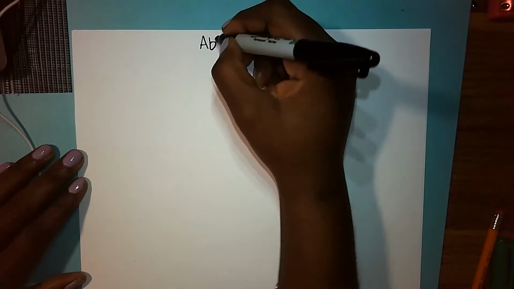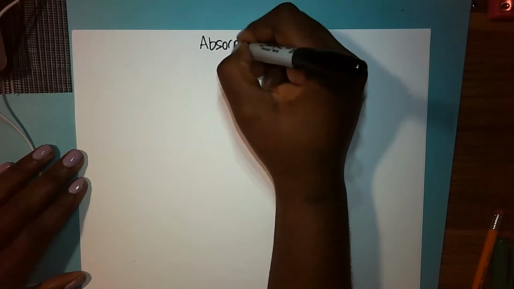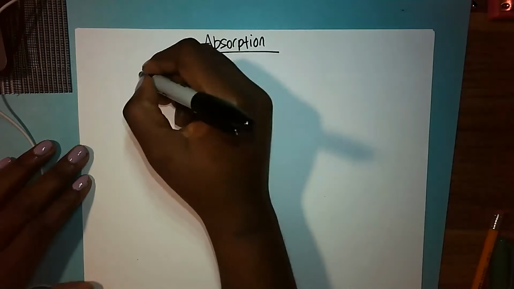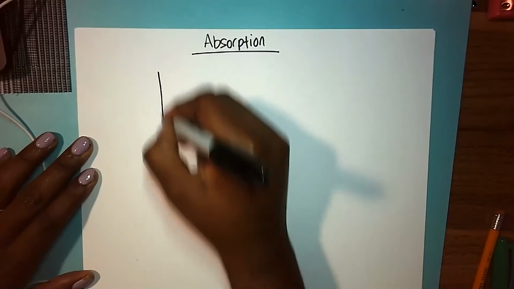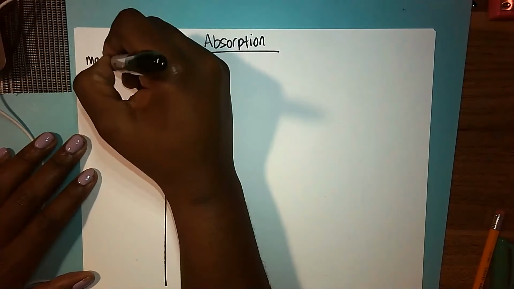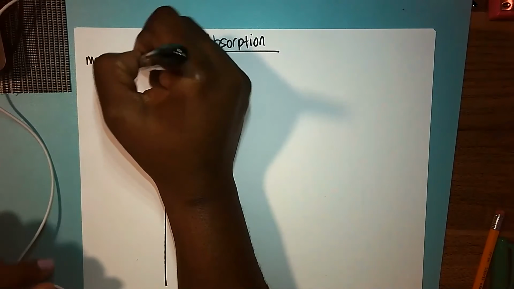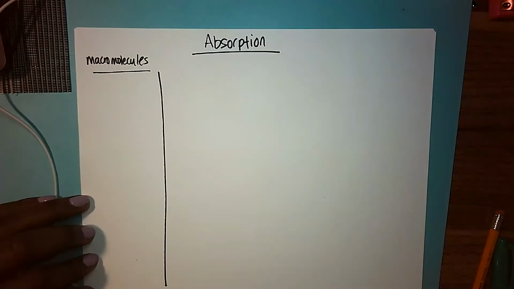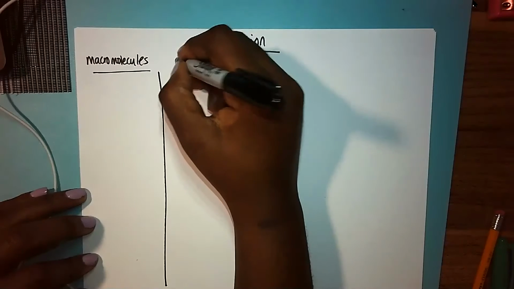Okay, so we're going to talk about absorption first. And we'll talk about the 3 macromolecules. We'll talk about the enzymes that break them down.